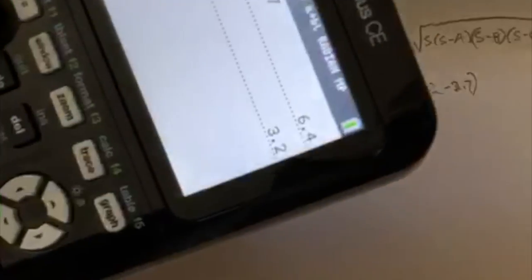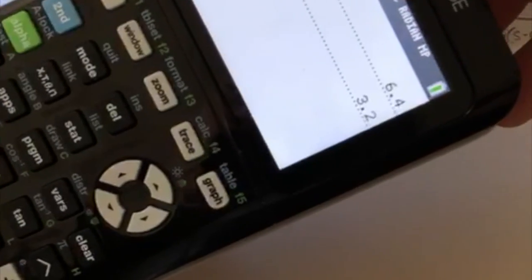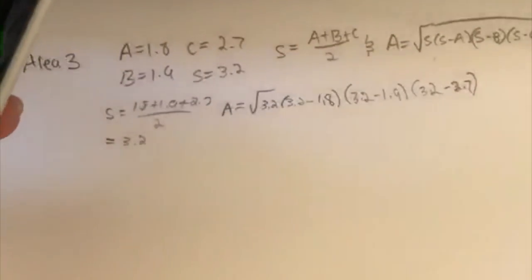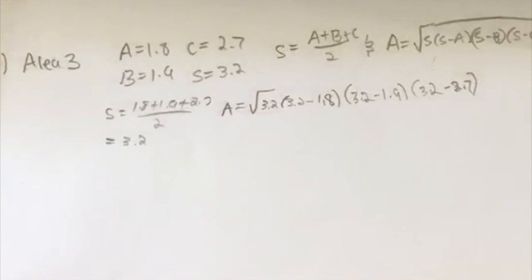So the area, if you can see right here, is going to be the square root of, let me just plug it in, 3.2, comma, 3.2 minus 1.8.